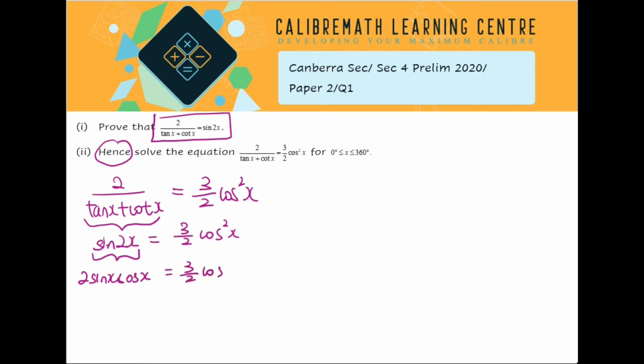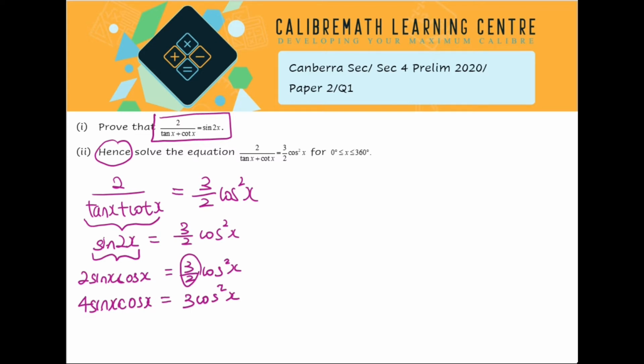And then from here, as I have always mentioned in class, you can get rid of the denominator, the fraction here, by multiplying by 2 throughout. So you get 4 sine x cosine x equals 3 cosine square x. Now from here, you should be able to tell that there is a common term, which is cosine x.